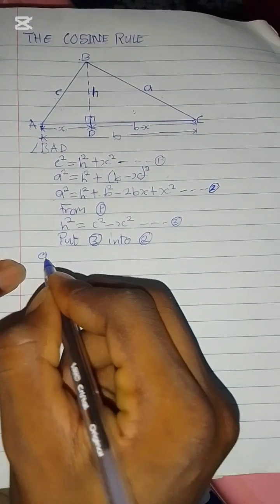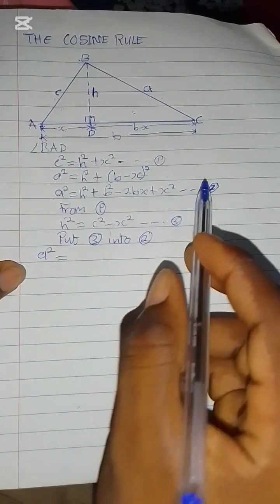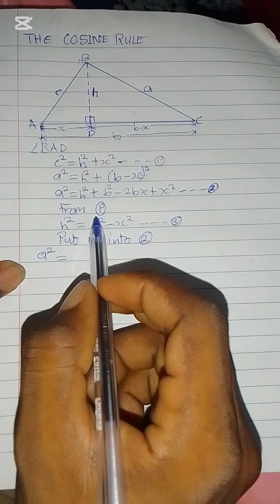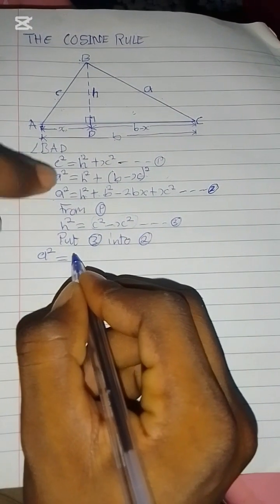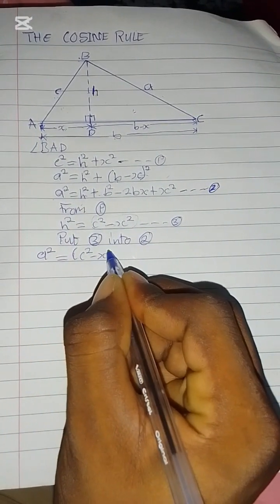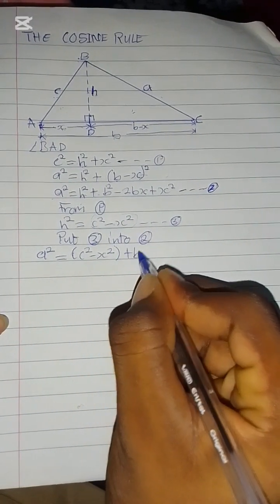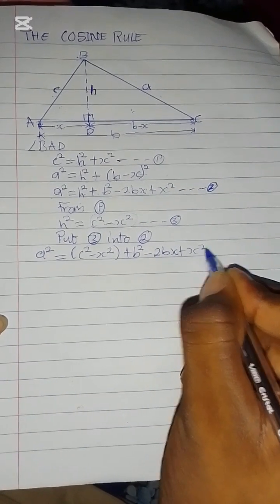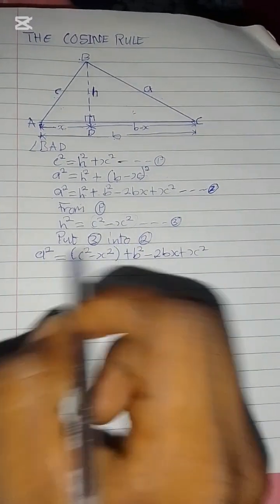So I have my a squared here. Putting equation 3 into equation 2 means anywhere we see h squared, we put this value there. So we have c squared minus x squared, in brackets, plus b squared minus 2bx plus x squared. You agree with me that this is not multiplying, it's just adding.